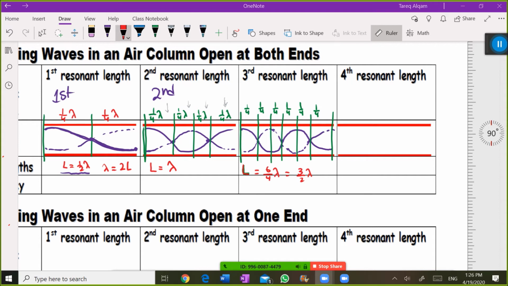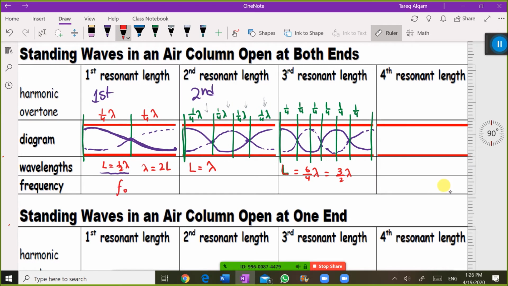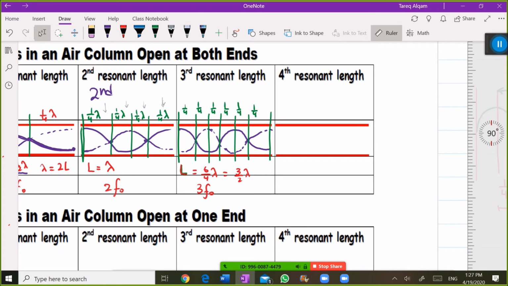It may look similar to a crest, but it's not a crest, it's an antinode. Basically here, guys, this is the fundamental frequency f note. This is the second harmonic, this is the third harmonic, and so on. For the conclusion, lambda here is 2L over N, and F equals N f note.